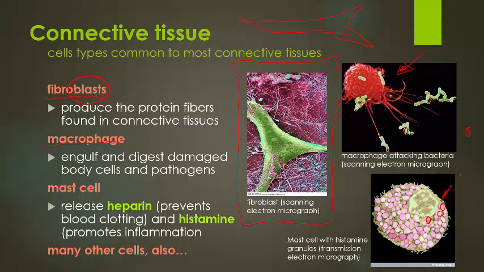The other material they produce is called heparin. Heparin prevents blood clotting, and histamine promotes all of the characteristics that we associate with inflammation.